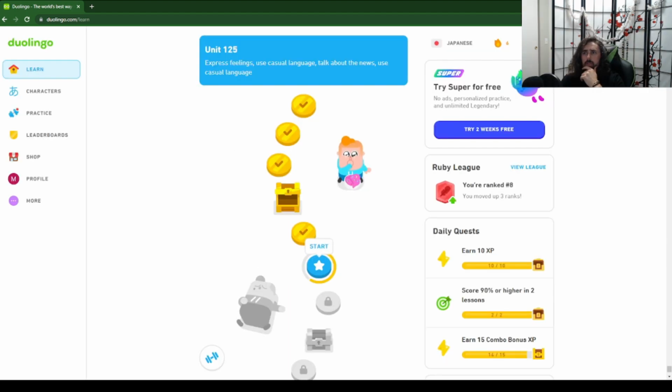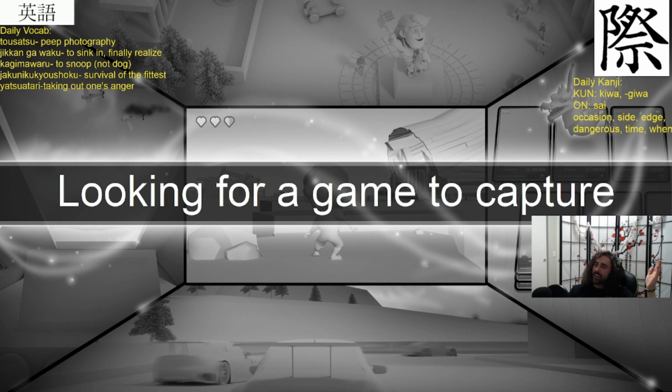Okay, let's do some Yakuza 7. Sorry, Yakuza 0. Today's daily kanji is giwa or sai, right? It means occasion, side, edge, dangerous, time, when. Vocab: tosatsu, jikan ga waku, kagimawaru, right?